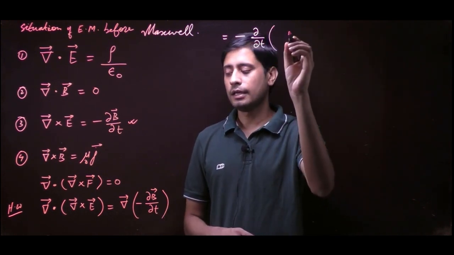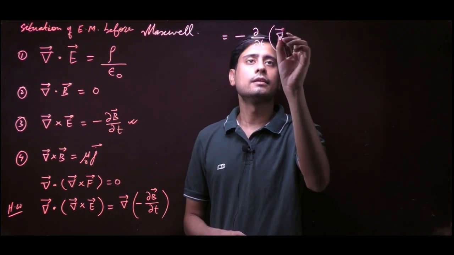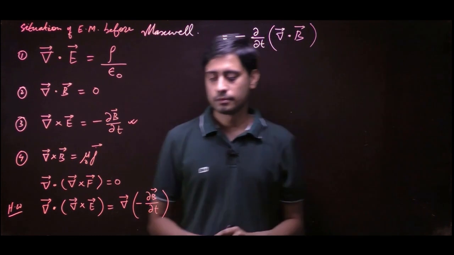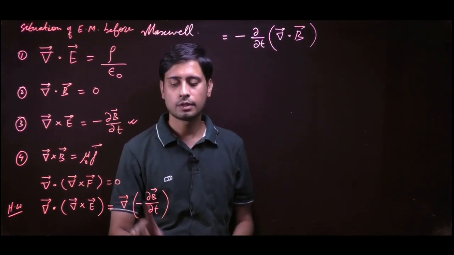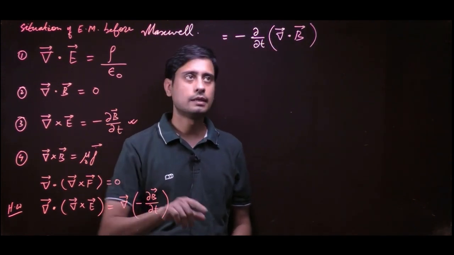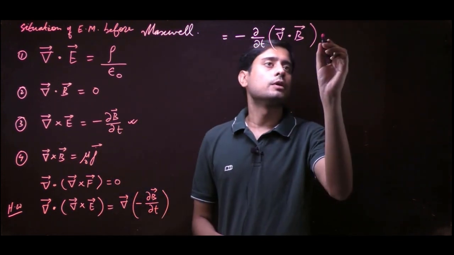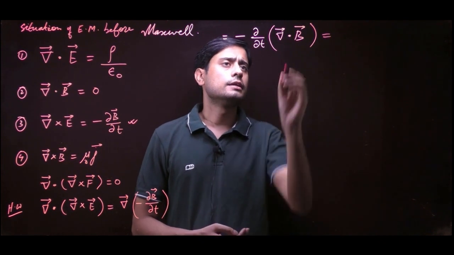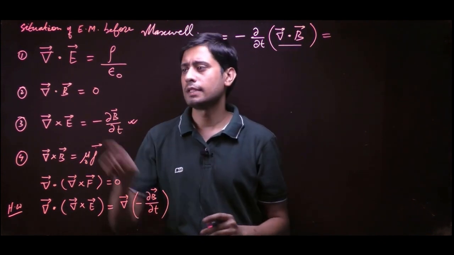So we can write it as del dot B. We have taken out this term and kept the del term inside, because of the commutation relation. You know that del dot B is 0 from our second law.